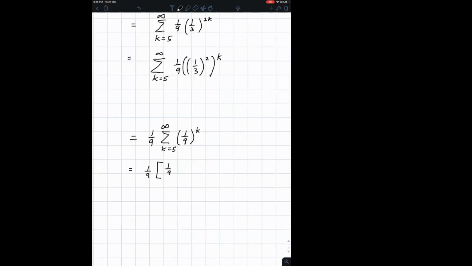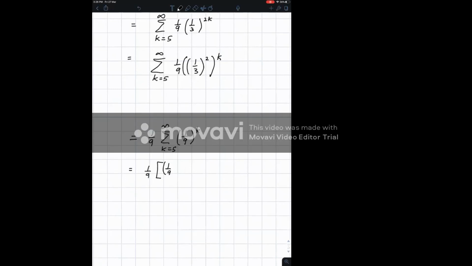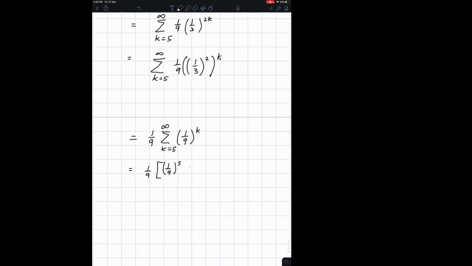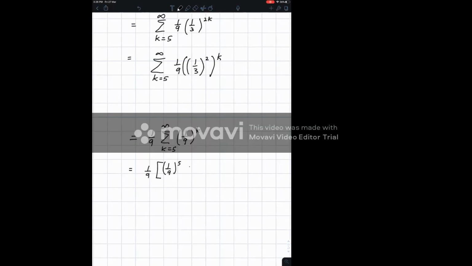When k is 6, you're going to get 1 over 9 to the power of 6. When k is 7, you're going to get 1 over 9 to the power of 7. And it's going to go on. The number is going to go up as k increases.